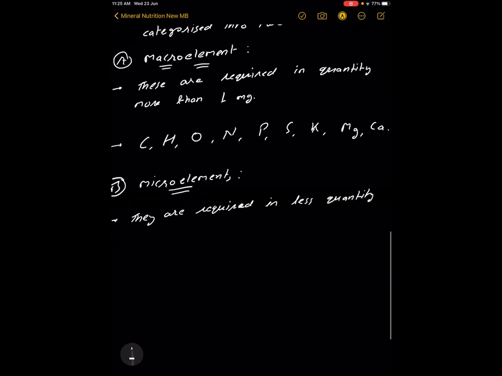Sir, you have written required in quantity more than 1 milligram: is it per cell or total? 1 milligram per gram of body weight. Dry matter, you can say.